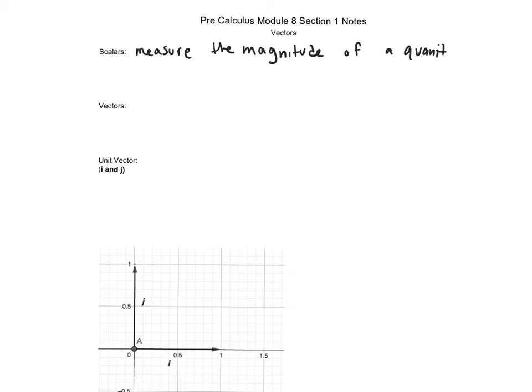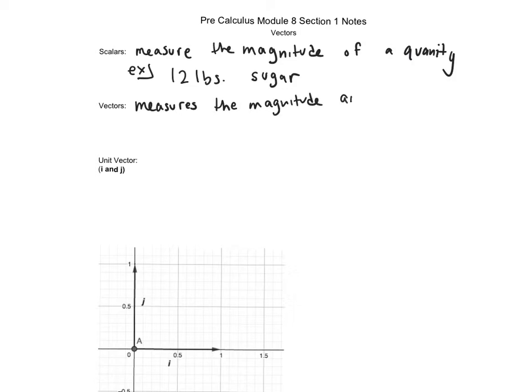So if I go to the store, maybe I decide that I want to buy 12 pounds of sugar. So that would be a magnitude, it's how much. So the difference between a scalar, when you're just measuring something, and a vector is not only how much something is, so it measures the magnitude, so how big something is, but also the direction.